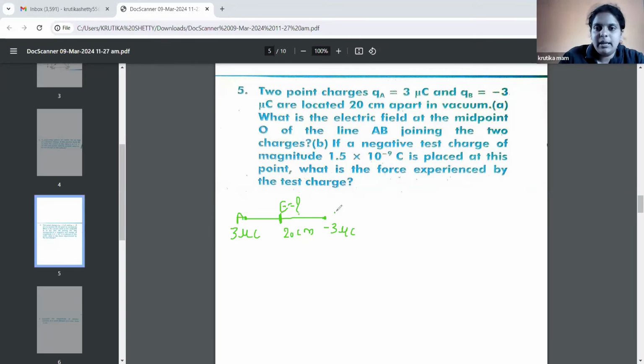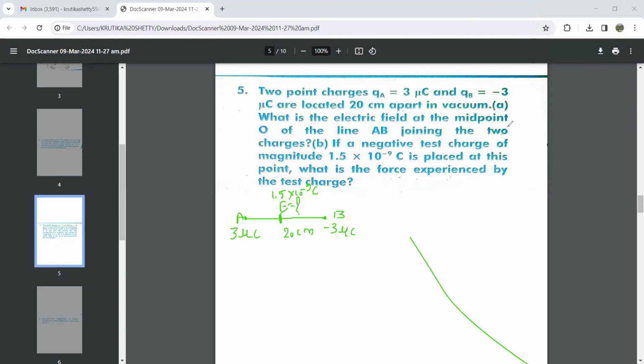If a negative test charge of magnitude 1.5 into 10 raised to minus 9 coulomb is placed at this point, what is the force experienced by this charge? At the center they are placing one charge whose magnitude is 1.5 into 10 raised to minus 9 coulomb. What they are asking is, what is the force experienced by the test charge? Okay.